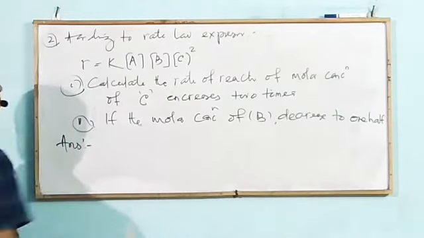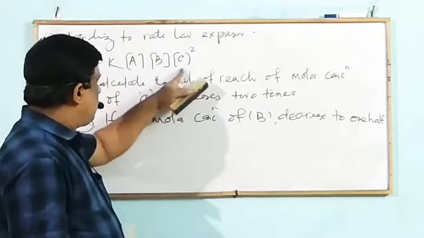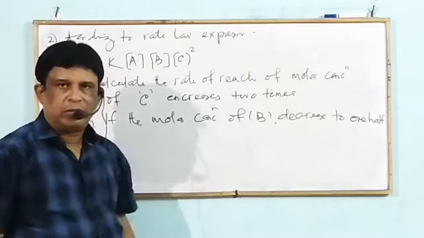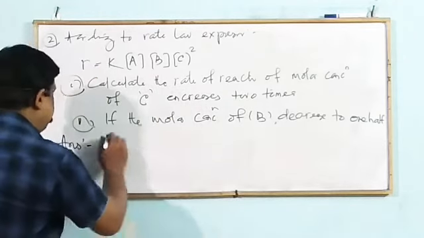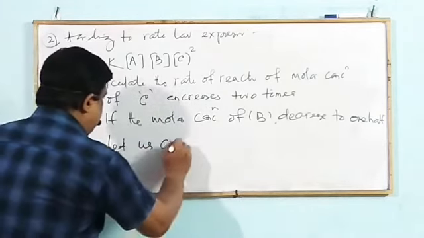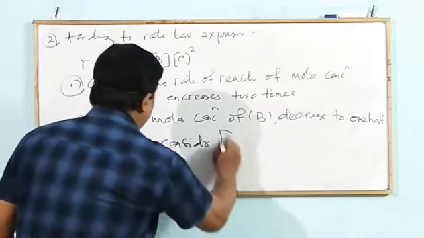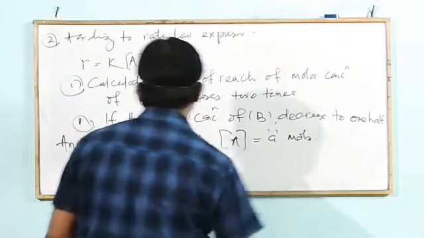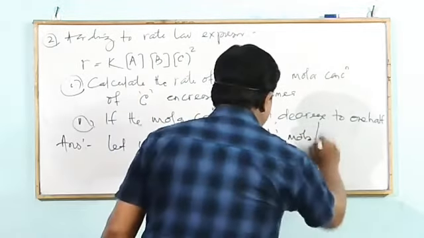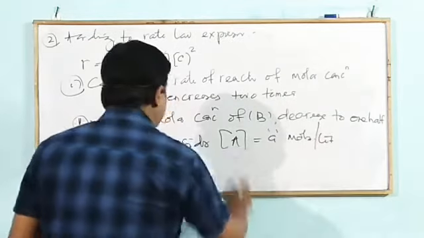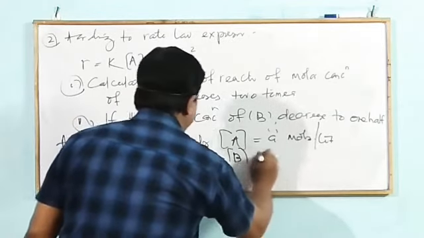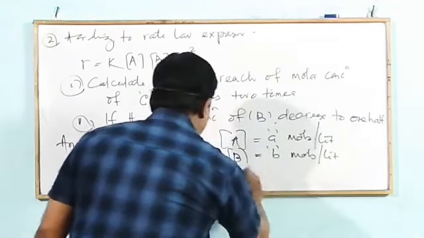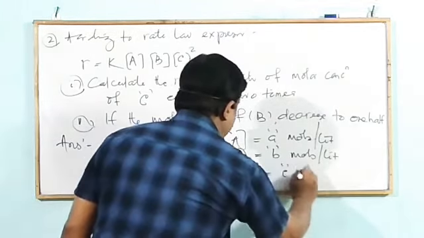What we observe? If the molar concentration of reactant species C is doubled, 2 times. Before that, let us consider the molar concentration of A is A moles per liter, the molar concentration of B is B moles per liter, and the molar concentration of C is C moles per liter.